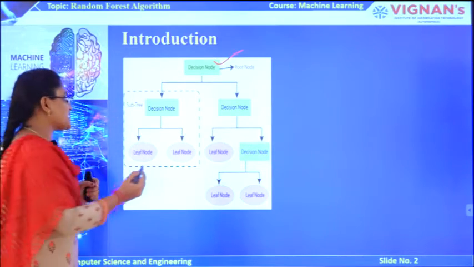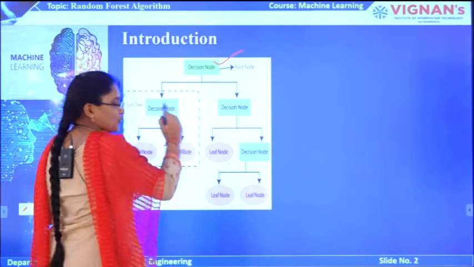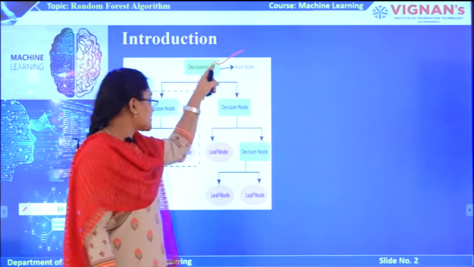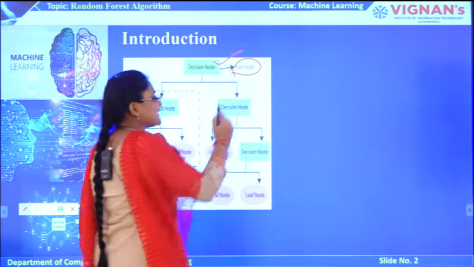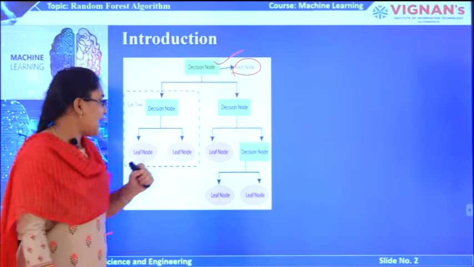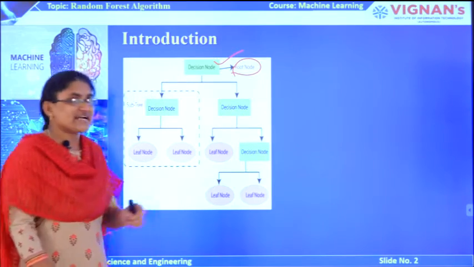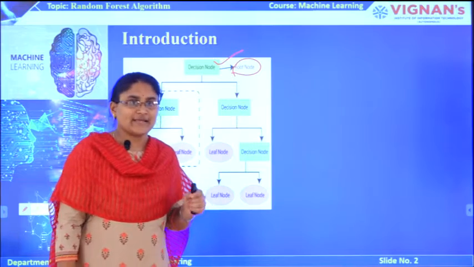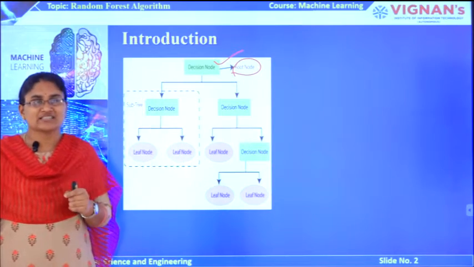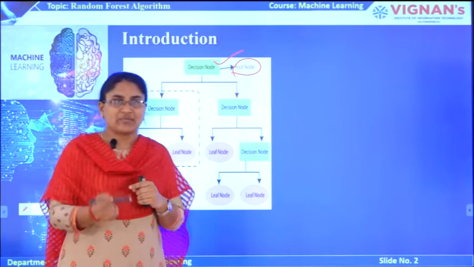Each branch gives a decision rule, and the very first decision node is nothing but the root node, which contains the complete data set. The leaf node contains the outcome of the predicted variable. Finally, the decision tree works like if and else statements.